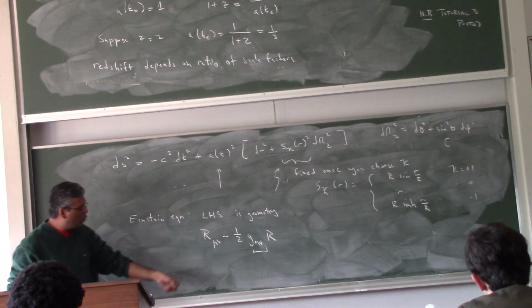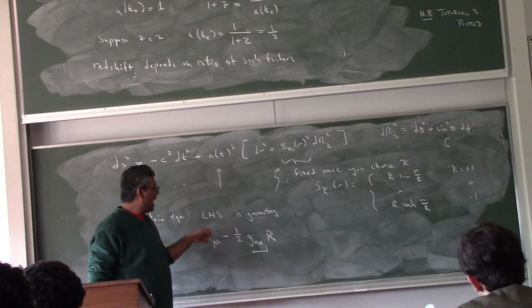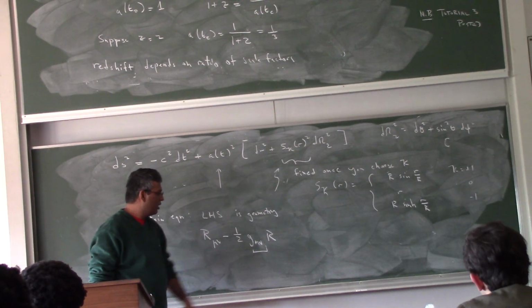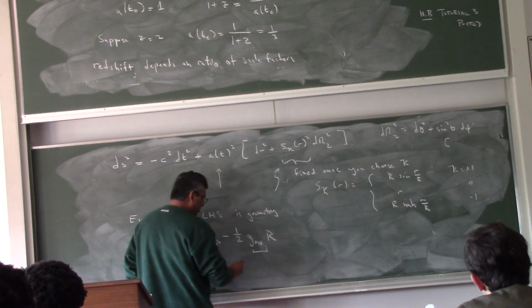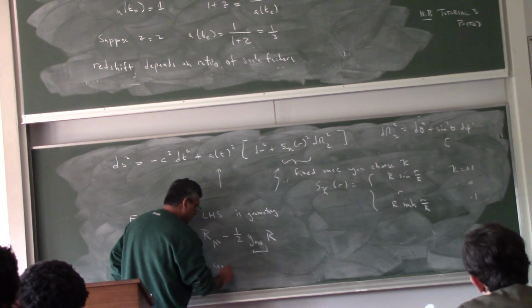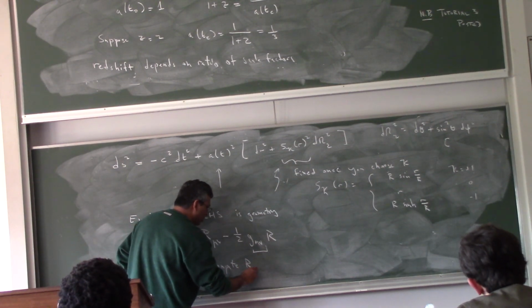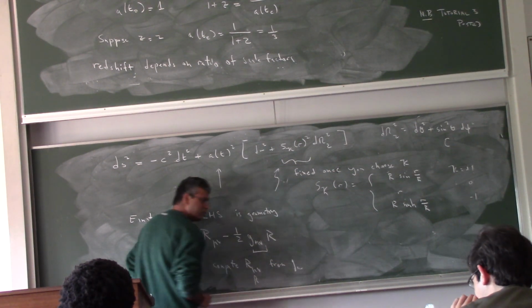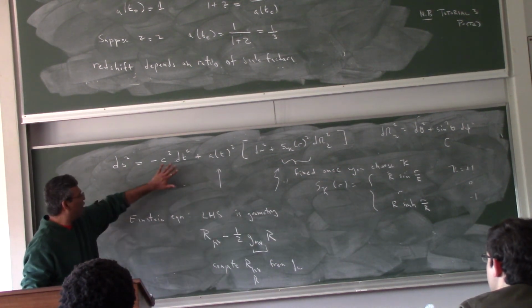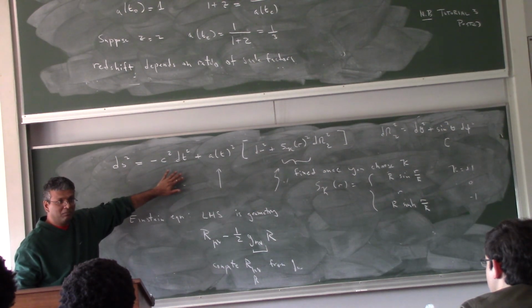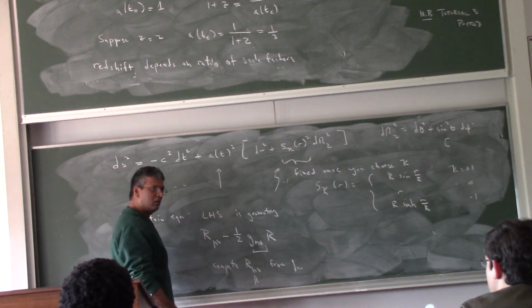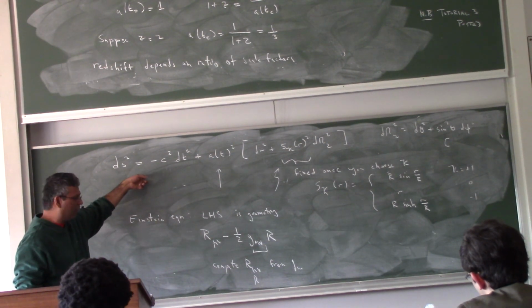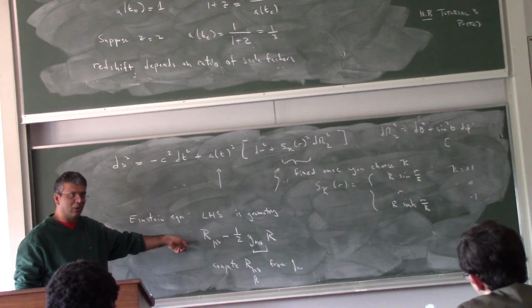Knowing the line element, how to measure distances, we know this metric matrix, g mu nu. There's a machine which lets us compute R mu nu and R from g mu nu. So the left-hand side is completely determined by this geometry. That's what I mean when I say the left-hand side is geometry. Once I know this metric line element, I know the left-hand side of Einstein's equations.